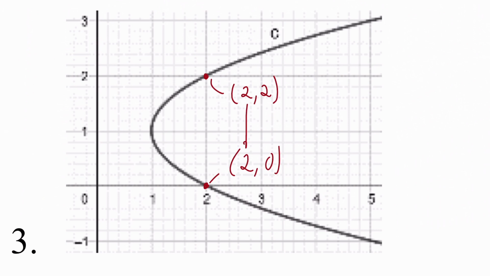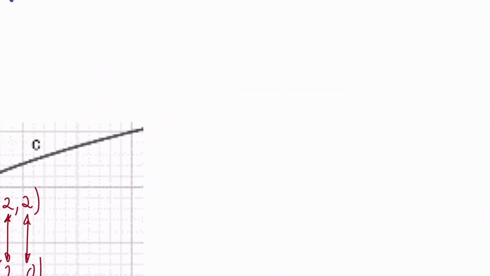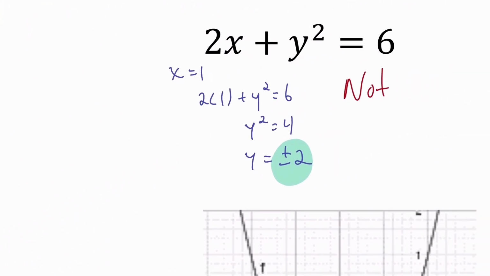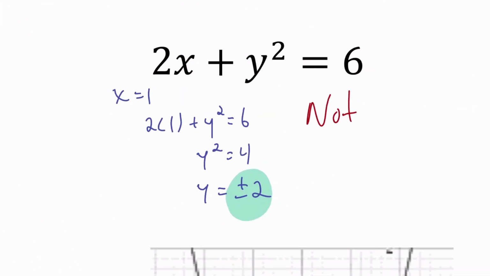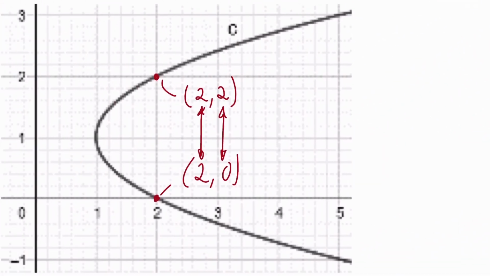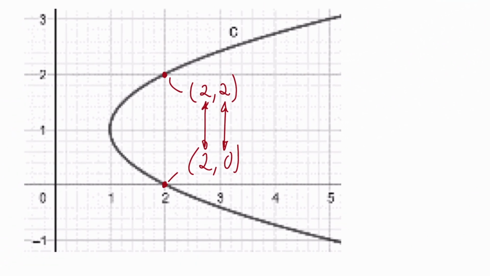Notice how we have the input 2 repeated with 2 different outputs. This is not a function because the input 2 results in 2 different possible outputs, kind of like this one did, right? The input 1 resulted in 2 different outputs, 2 and -2. So really, the graph of this equation is very much like this one. It's not the same, but it's very similar, the way the graph looks.